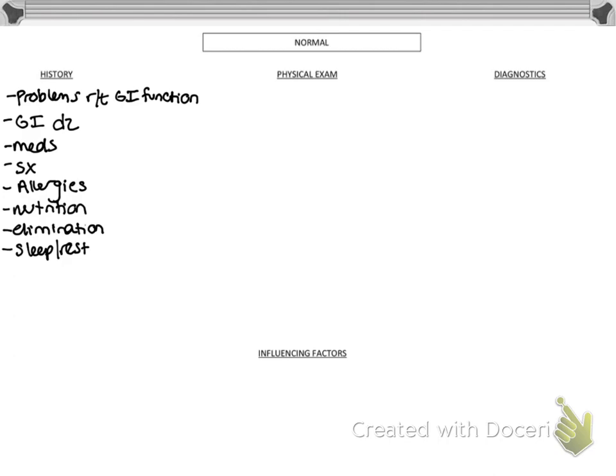Sleep and rest is important. Exercise, because besides pneumonia, that's the number one reason we get patients up after surgery. The other big reason we get patients up and active as soon as we can, and don't want them bedridden, is that anytime they're just laying in bed, it slows down their GI system. Exercise helps induce going to the bathroom.